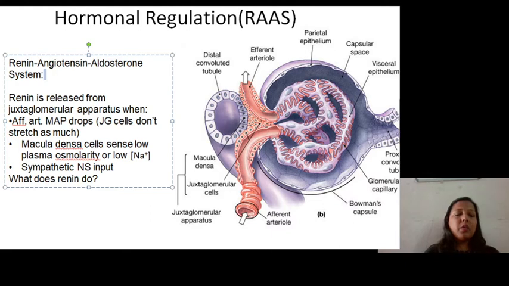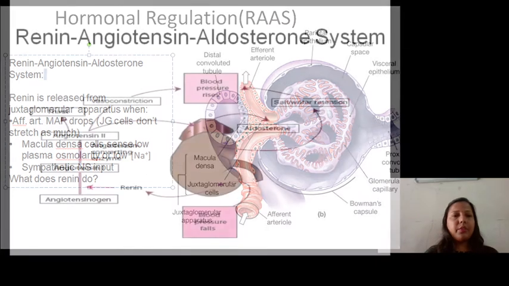In this juxtaglomerular apparatus, prorenin is always present, and immediately that prorenin, as per requirement, is converted into renin, and then the next step goes on.